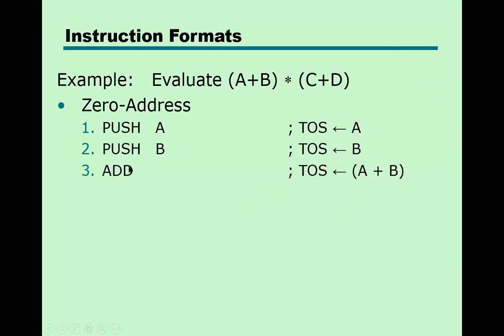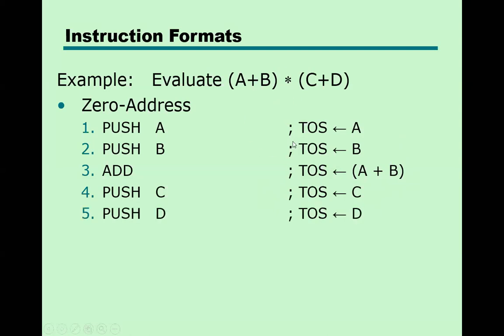Then we perform the addition operation, A plus B, and after addition we put this A plus B value on top of the stack. Then we push C, then push D, and perform C plus D, and this value is on top of the stack.